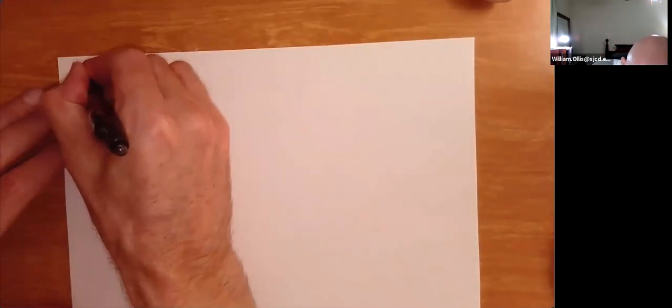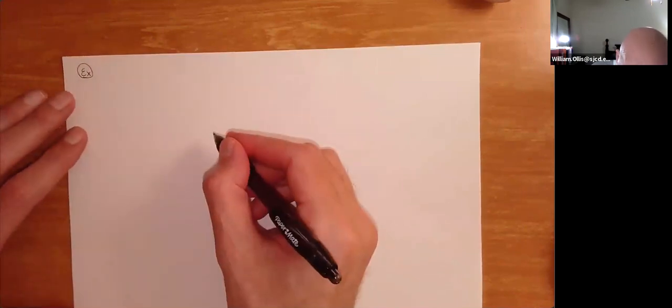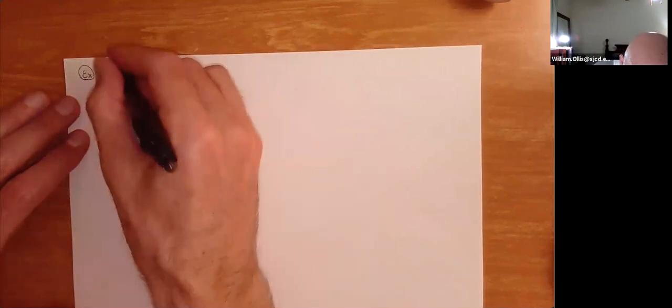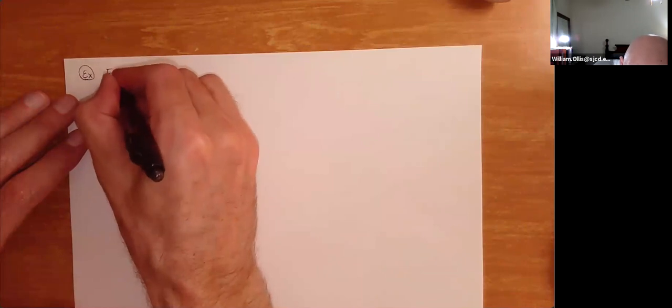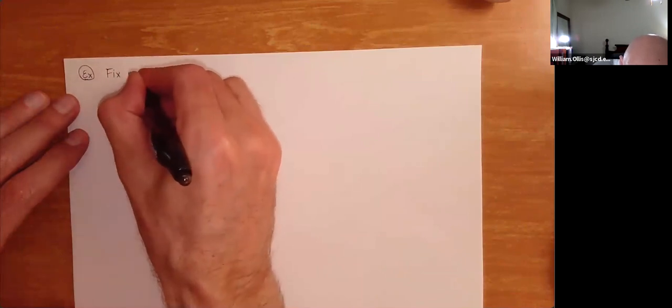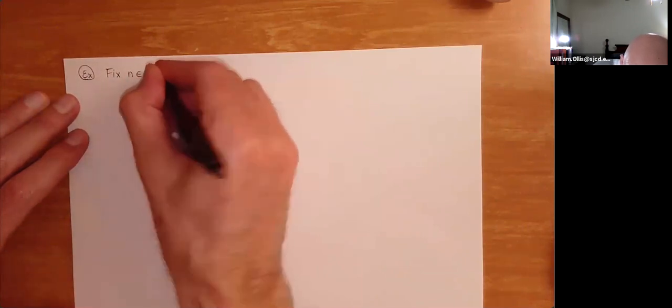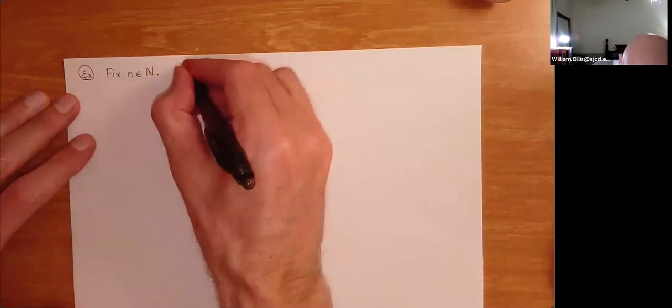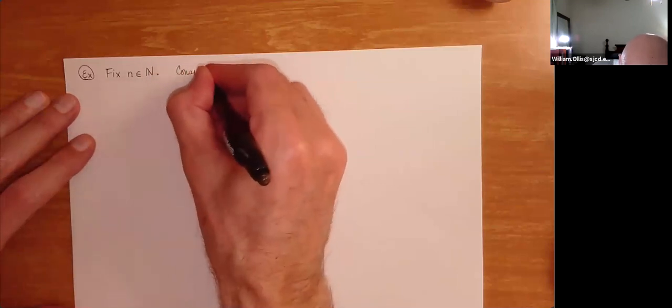And now, what about something else? Then we'll do a probability problem. So here's an example. Fix n an element of the natural numbers. And we'll say, consider the finite sum.